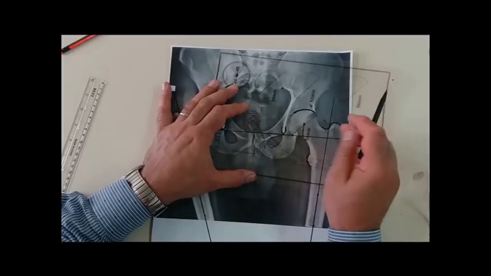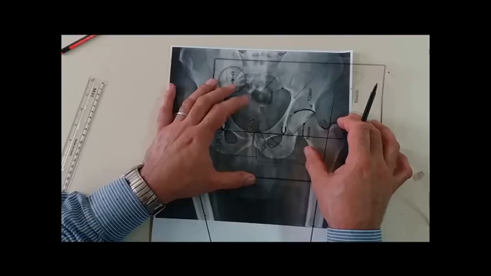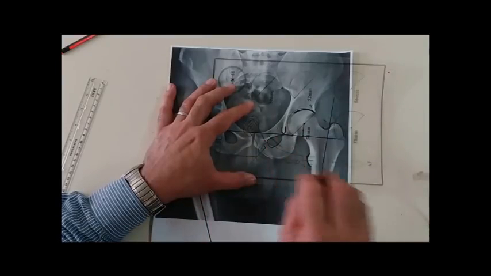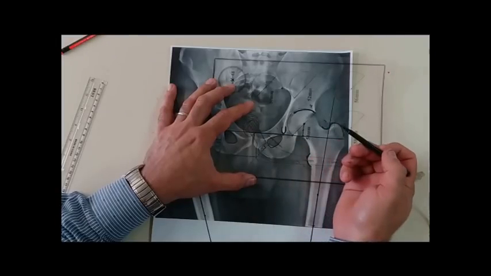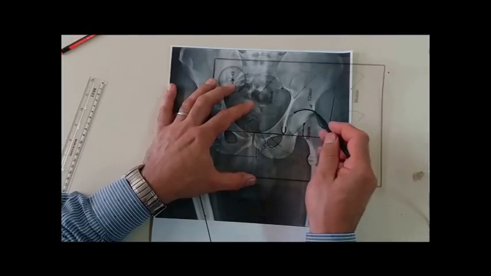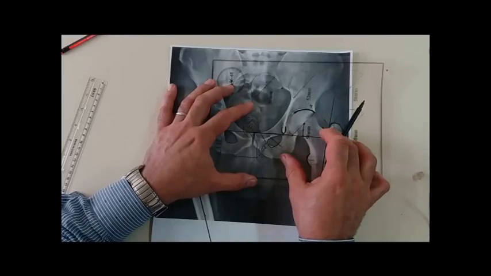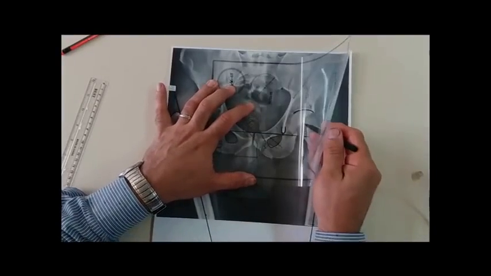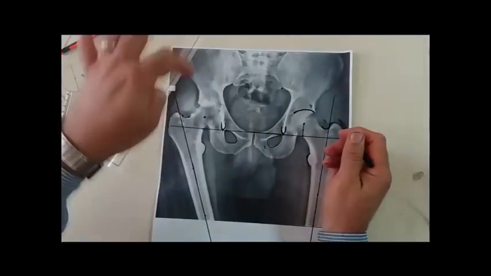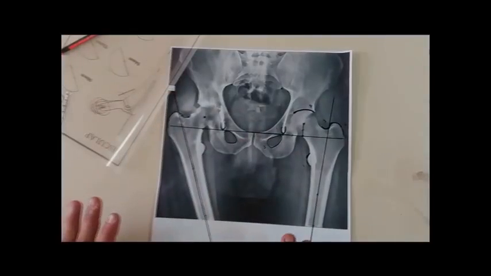The normal inclination of the acetabulum is usually around 50 to 55 degrees, so we can incline the template around 50 to 55, see the overall template on this hip, define the center of rotation and transfer this center of rotation to the other side, just to have matching centers of rotation on both right and left.